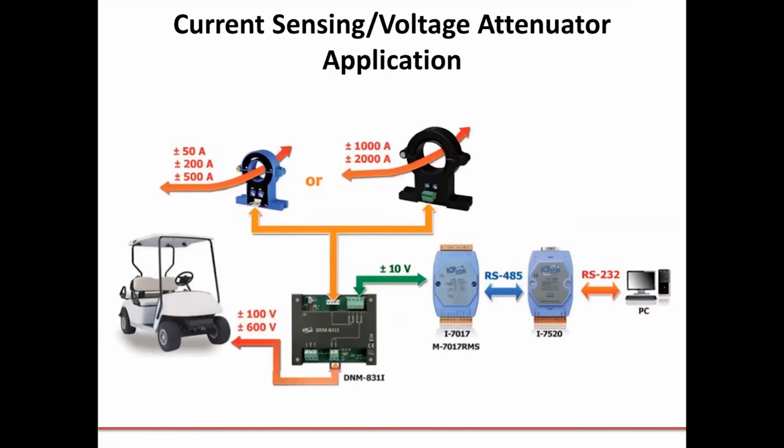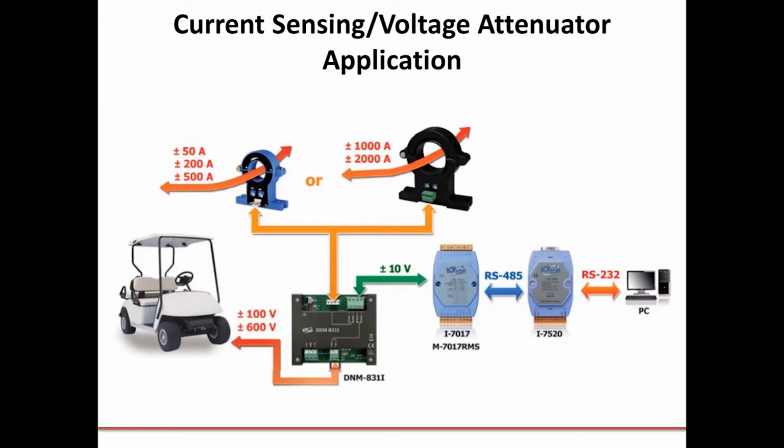So for a current sensing and voltage attenuating application, the DN831i 600V to 2000 amp is a one-channel voltage attenuator and one-channel current transformer. The maximum voltage input range is plus or minus 600 volts, which can be attenuated to plus or minus 10 volts, and the maximum current input range is plus or minus 2000 amps, which can be attenuated to plus or minus 10 volts.